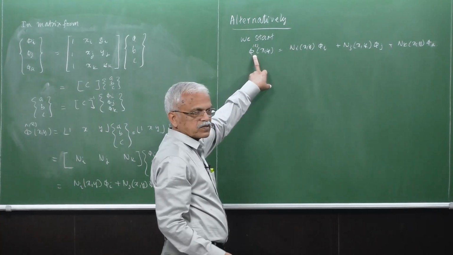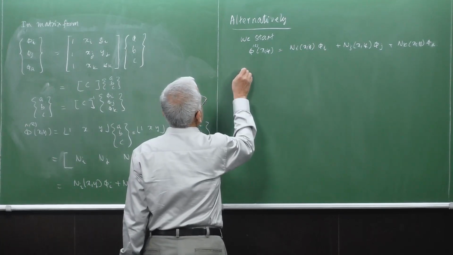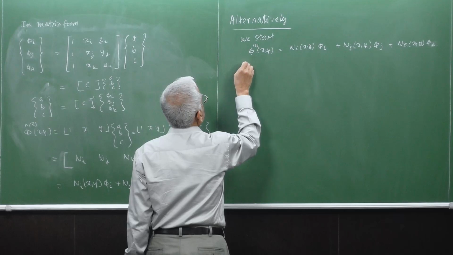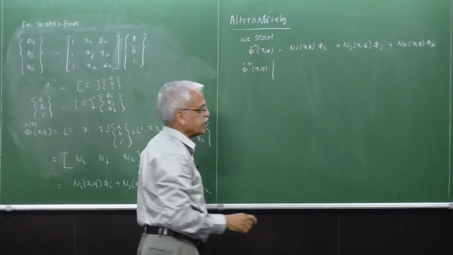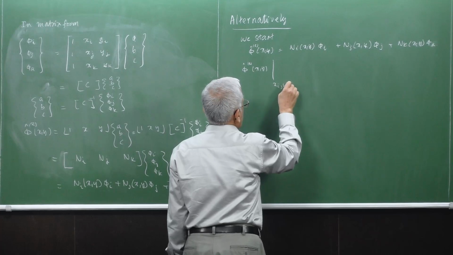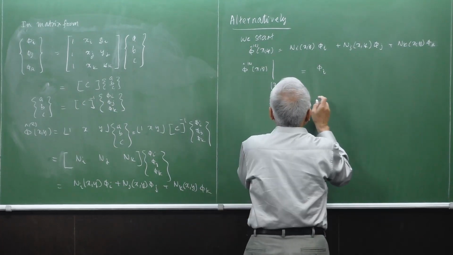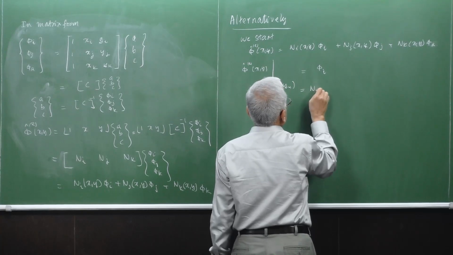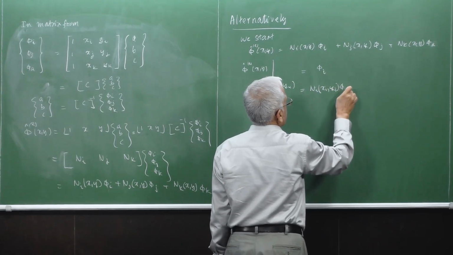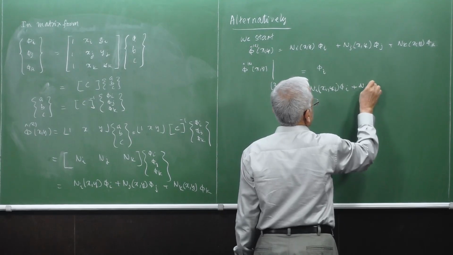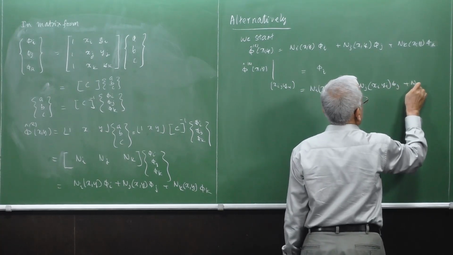This is the approximation function expressed in terms of xy. Interestingly, this expression phi e evaluated at xi, yi is nothing but phi i, and this is nothing but Ni, which is a function of xy to start with, but substitute xi, yi, and Nj evaluated at xi, yi, and Nk.